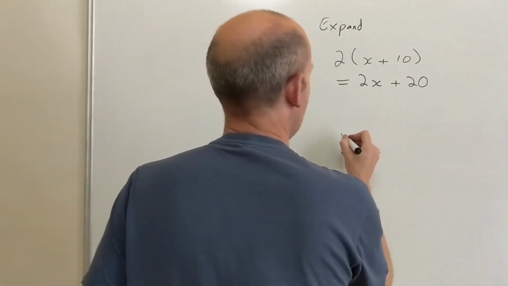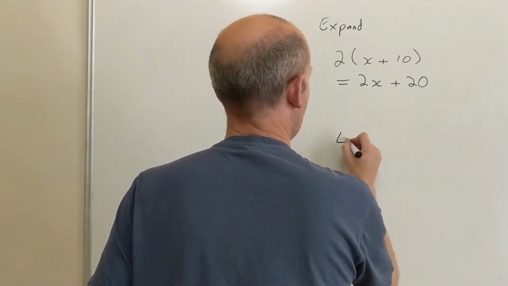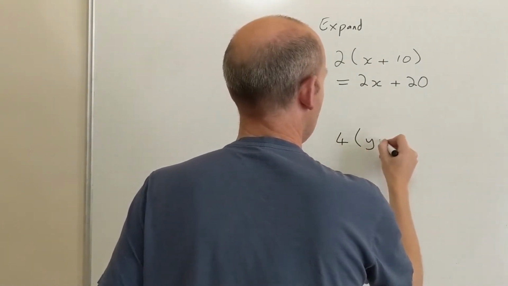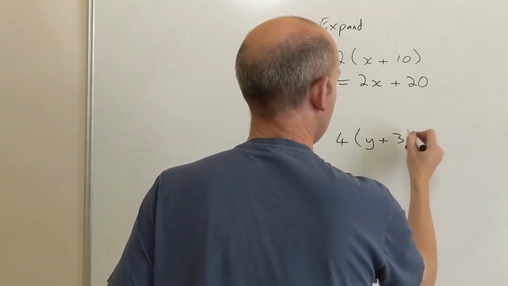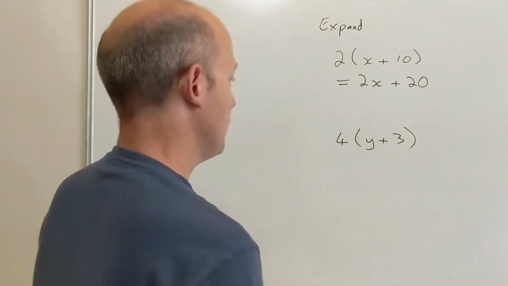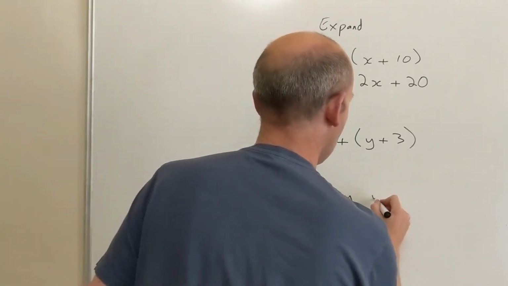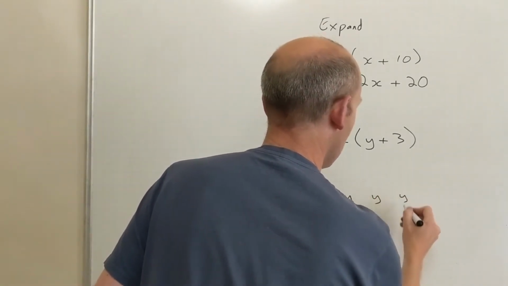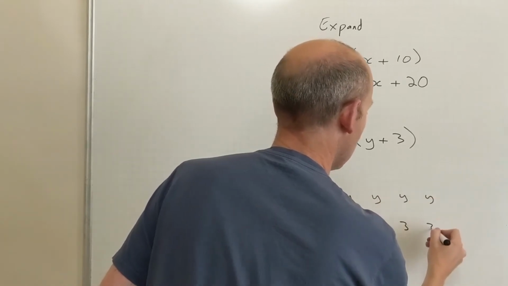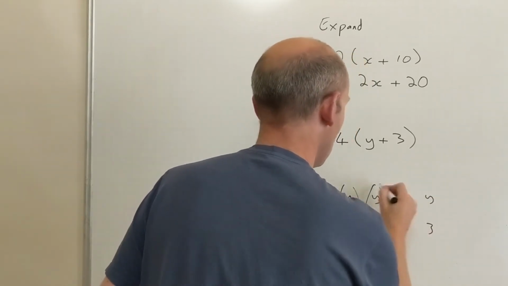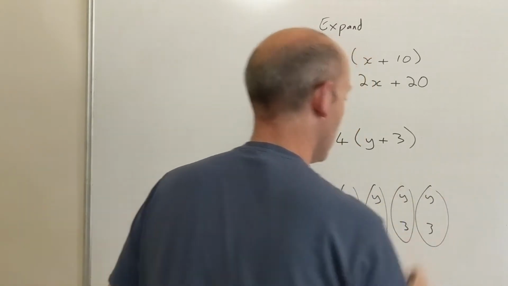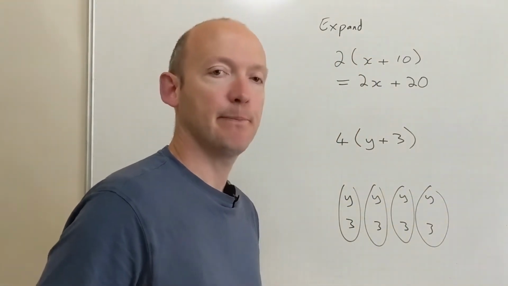Let's try another one. I've got 4 lots of y plus 3. Now again, we'll just draw a little picture here. So we've got a y and a 3. I've got another y and a 3, another y and a 3, and another y and a 3. So I've got 1, 2, 3, 4 lots of y plus 3.